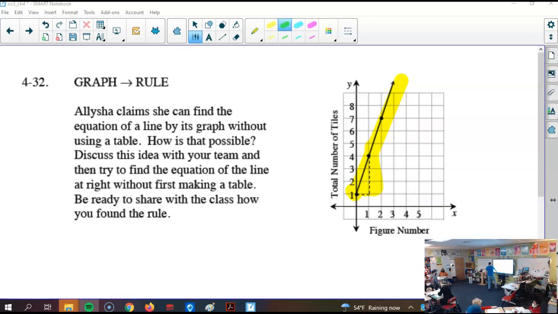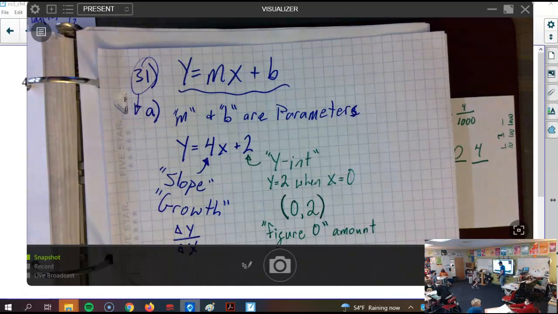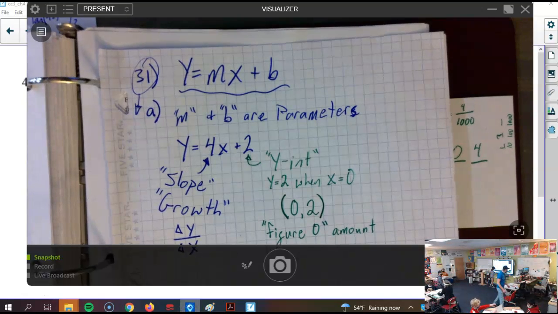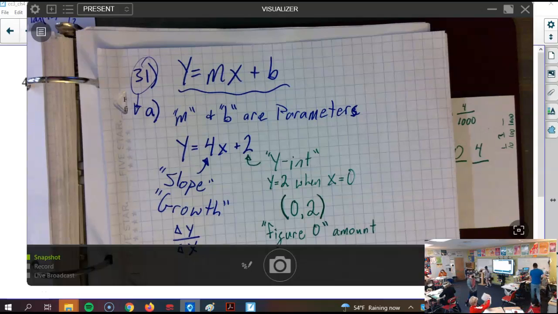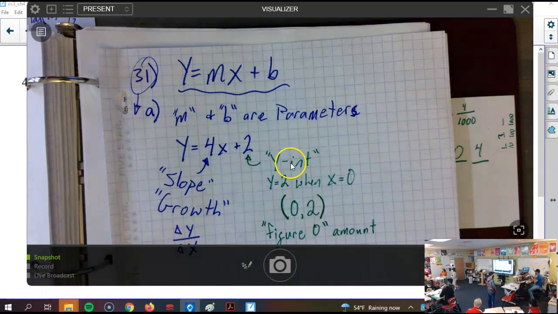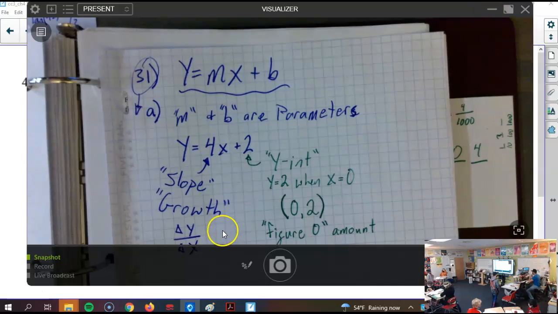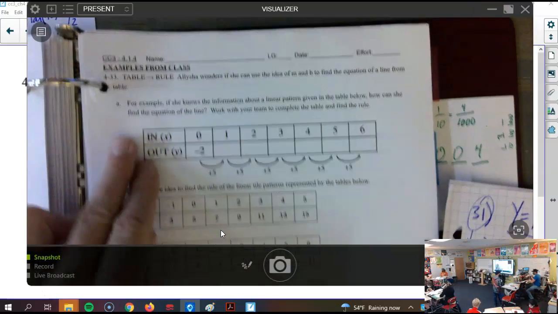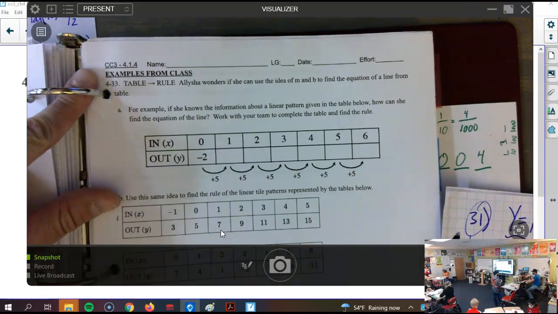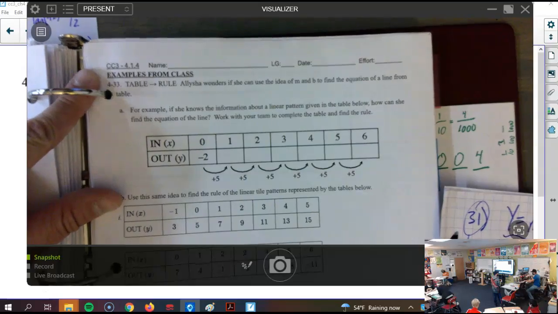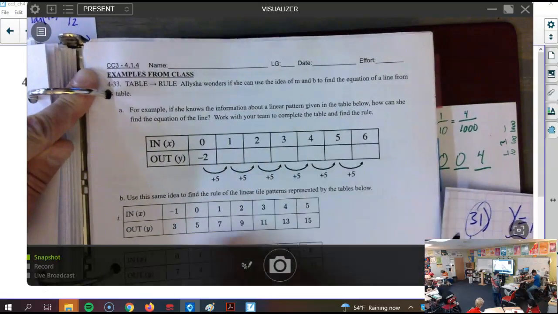I did not tell you guys to turn in 414. If you're not looking at your 414 homework paper, or if you don't have one, I have extras, but 33 is on your paper here.